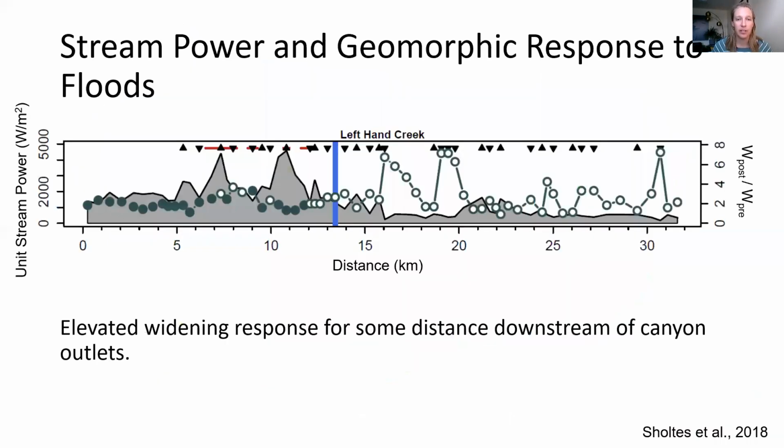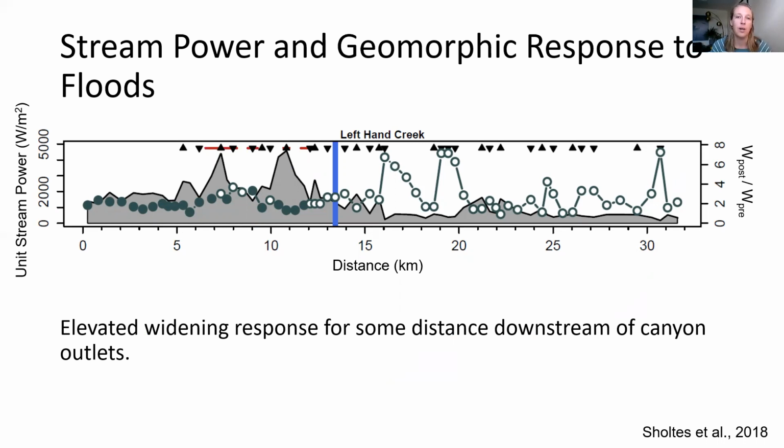One of the ways that we look at this quantitatively is through the lens of unit stream power. The most important thing to understand with stream power is that changes in stream power matter. If you have high stream power, then low stream power, then high stream power, the responses are going to change dramatically. Anytime there's a drop in stream power, that's where you get sediment deposition and energy dissipation, compared to the unit stream powers upstream and downstream.